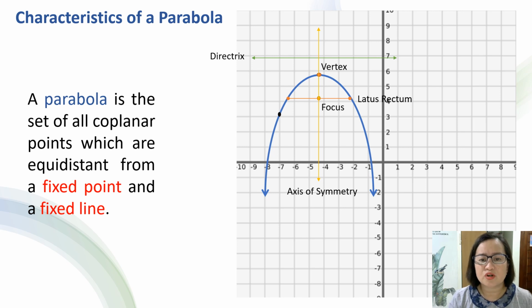The ratio of the distance of a point to the directrix and to the focus is called the eccentricity. The parabola's eccentricity is always 1.